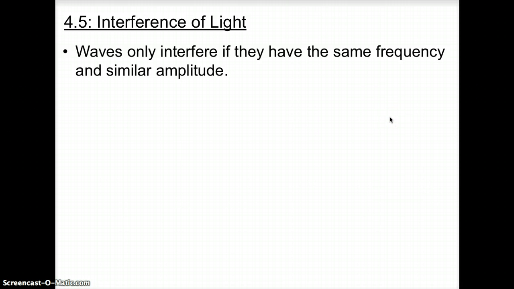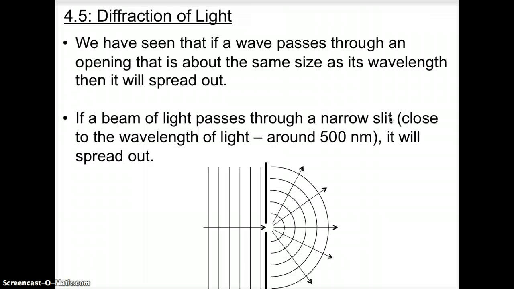Now let's see interference. Waves do interfere, but only if they have the same frequency and similar amplitude. So the best way to see interference is through diffraction. But instead of diffracting through just a single slit, we're going to place a second slit and have two of these semicircle patterns so that we can see clear overlap and clear canceling out of the waves.